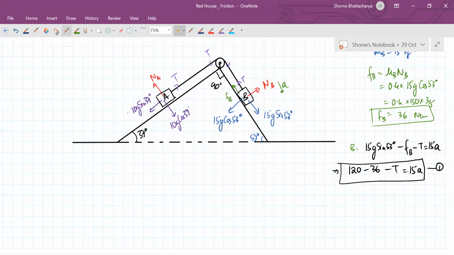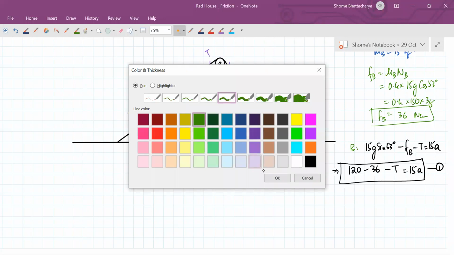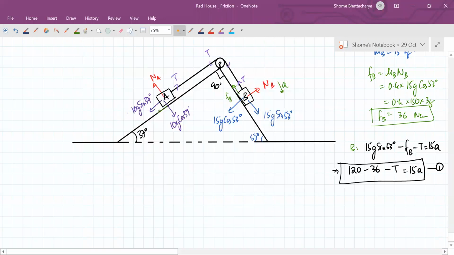On this, the friction's direction, as we have discussed, will be like this because it's moving in this direction. So normal reaction is 10g cos 37, that is 80 newtons. So the friction acting on A is the coefficient of friction into that normal reaction, so 16 newtons of friction is acting.